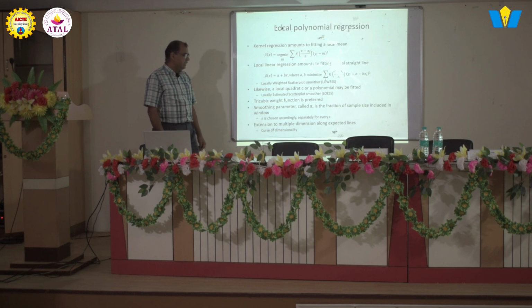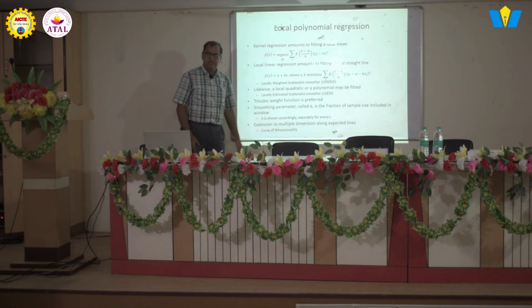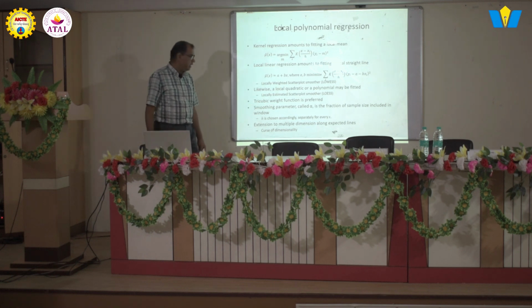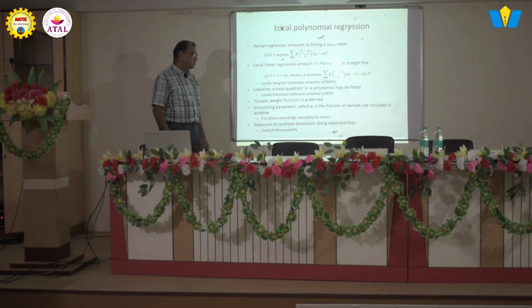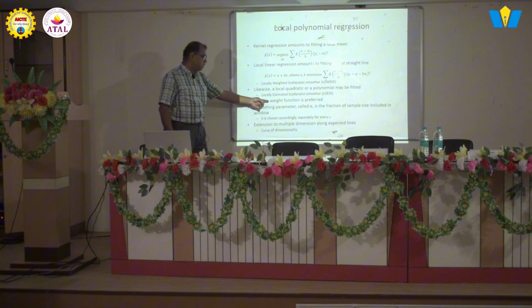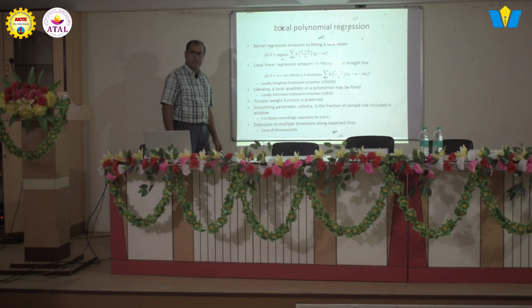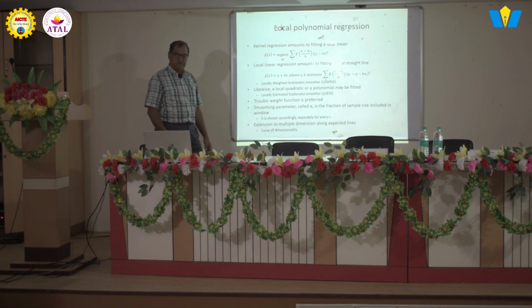And the most popular choice for the LOESS polynomial is a cubic polynomial, and there is this weighting function or kernel function. The most popular choice in this context is the tricubic weight function. And there are some theoretical reasons for that choice also.